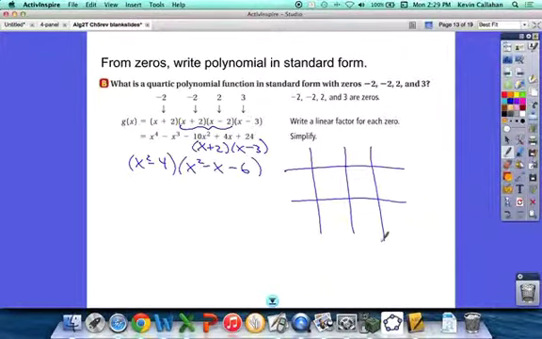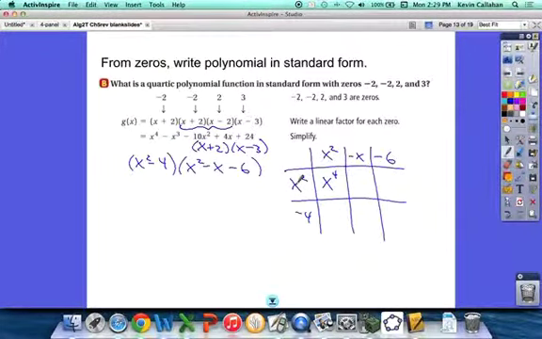So on the left, we've got x squared minus 4. On the top, we've got x squared minus x minus 6. Right? And now we're going to fill in every square in the grid. X squared times x squared, x to the 4th.